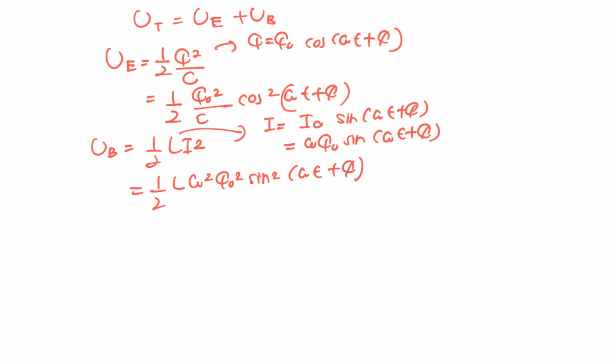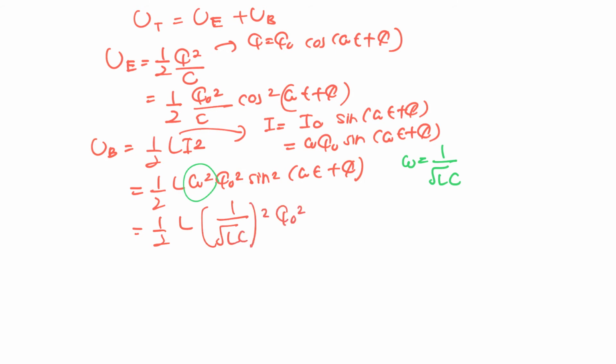What is the formula for omega that we derived before? Omega equals 1 over square root LC. So you insert into that equation, you get 1/2 L times (1 over square root LC) squared times q naught square sine square(omega t plus phi).